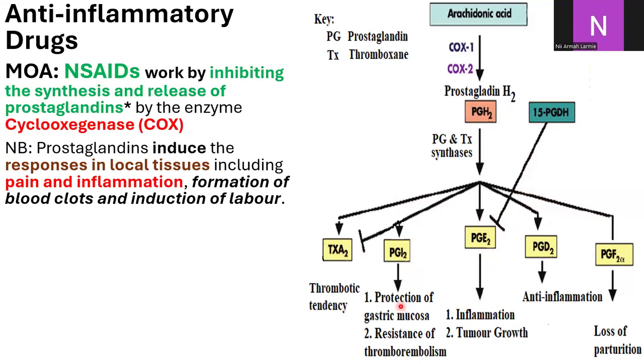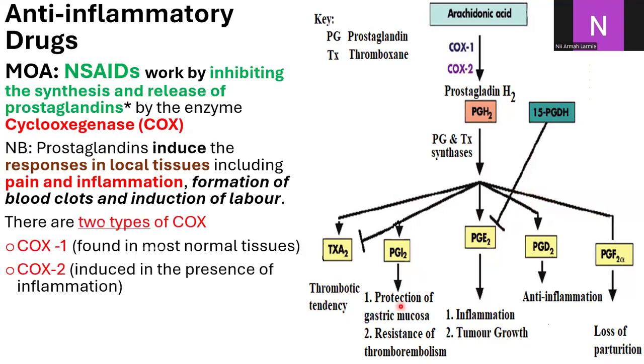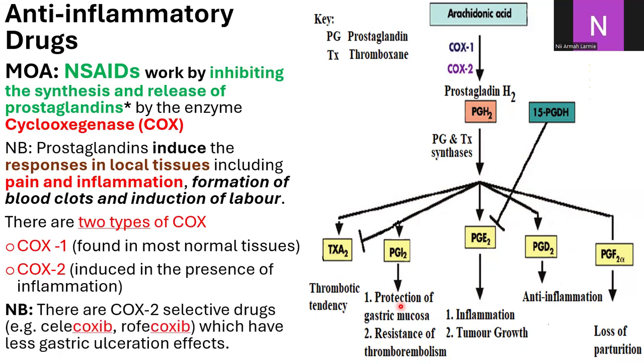All right. So this is what we've been saying, that when it comes to NSAIDs, they work simply by inhibiting the synthesis and release of prostaglandins from arachidonic acid by the activity of the enzyme cyclooxygenase.